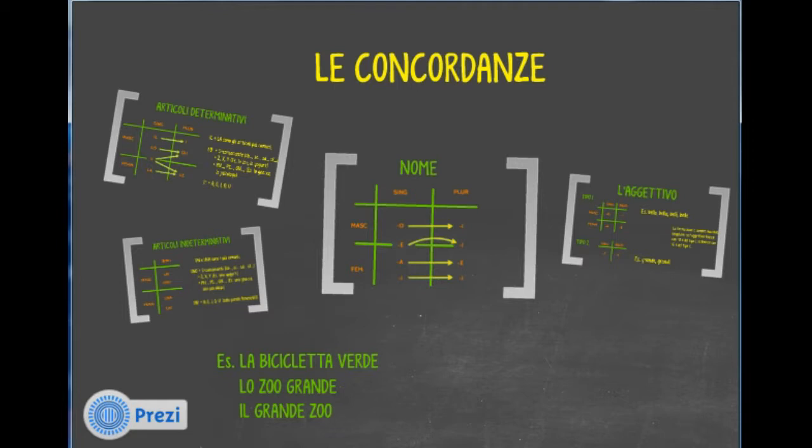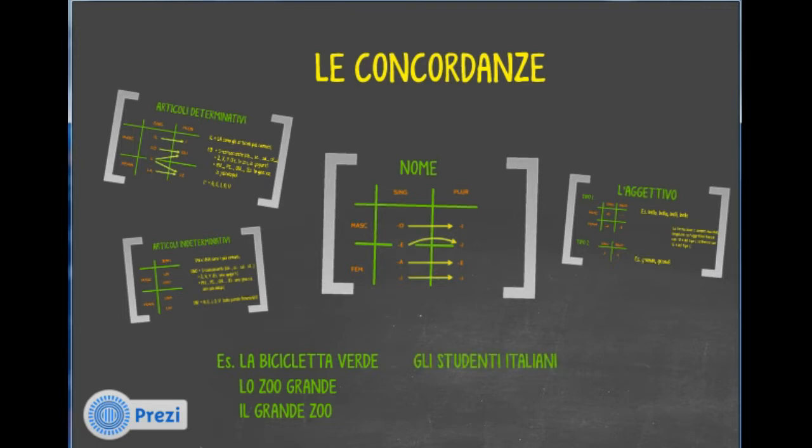So lo zoo grande is okay, il grande zoo is okay. In this case we use il because the following word, grande, is normal. I mean, it begins without a Z or X or a Y.